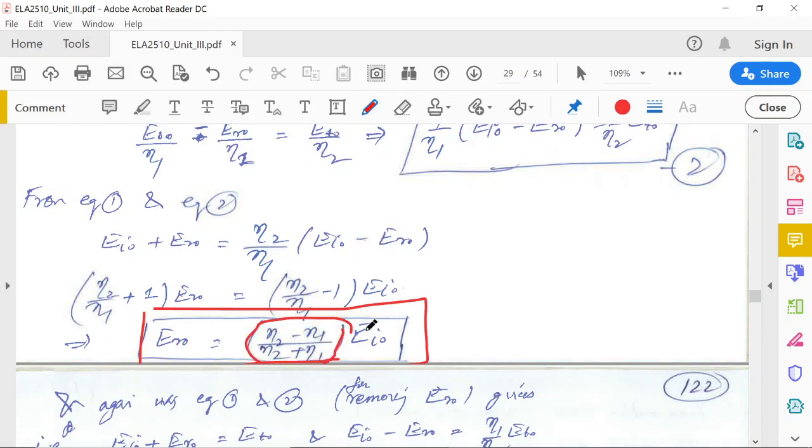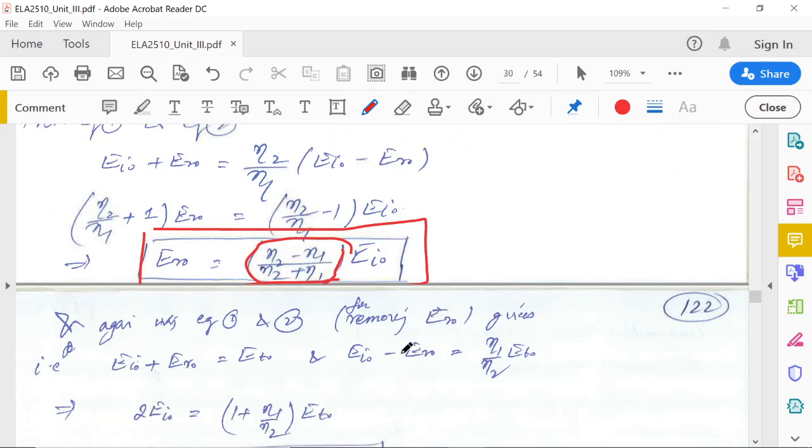This is the incident part and this is the reflected part, and how much wave will be reflected, what percentage, is governed by this factor, which depends upon the two mediums' properties. If medium 1 and medium 2 are fixed, then whatever incident power you give, the same percentage of the power will be reflected.